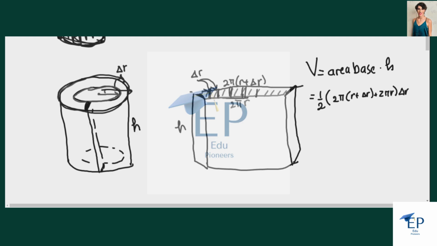Times the height of the box here, so h. So that simplifies into, okay, both these have a 2 pi, so let's pull that out. (r plus delta r plus r) delta r h. So pi (2r plus delta r) delta r h. So that's the actual volume of the shell.